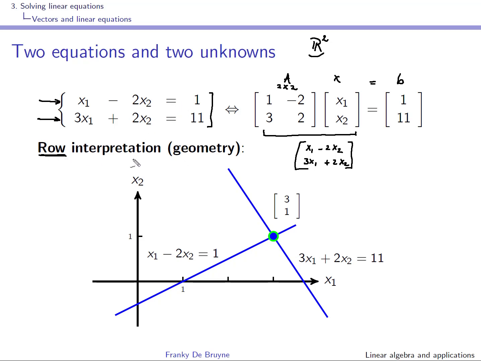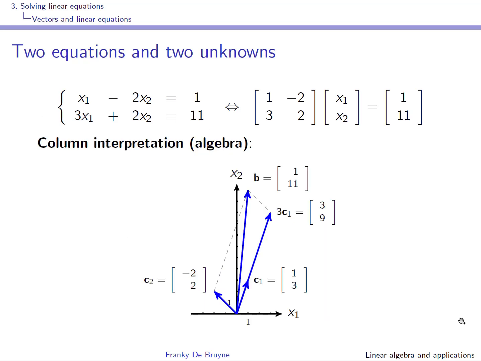And the row interpretation is indeed geometrical in nature, and here we see that there is indeed an intersection between those two lines, and the intersection yields the solution, which is x1 equals 3 and x2 equals 1.